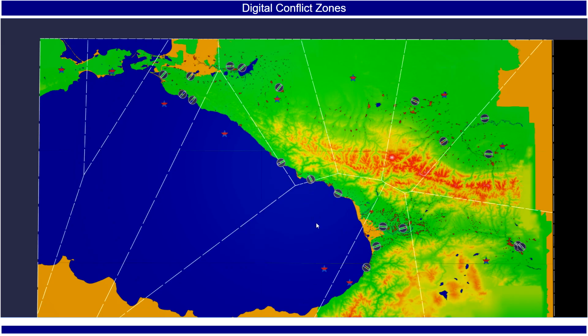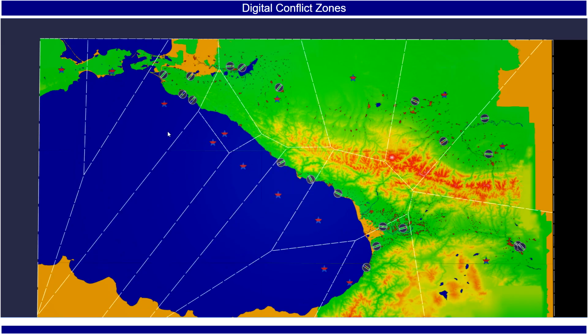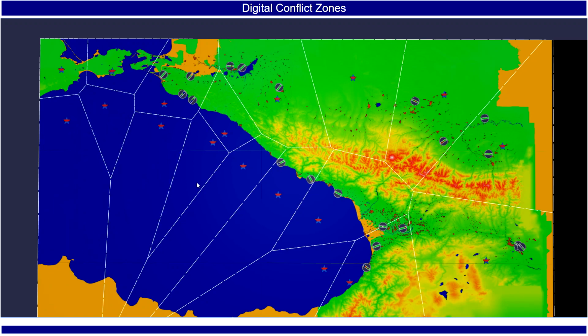So now, as I mentioned, we put some points into the map, and as you see, as I'm putting points into the map, a graph is drawn. That is a very common algorithm in computer science, a so-called Voronoi diagram.